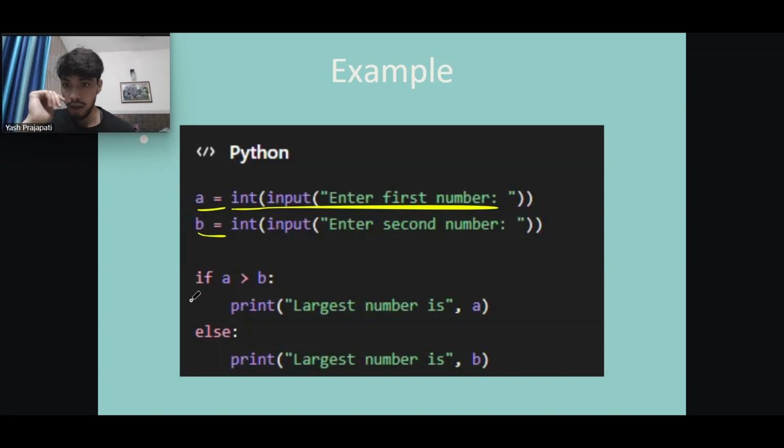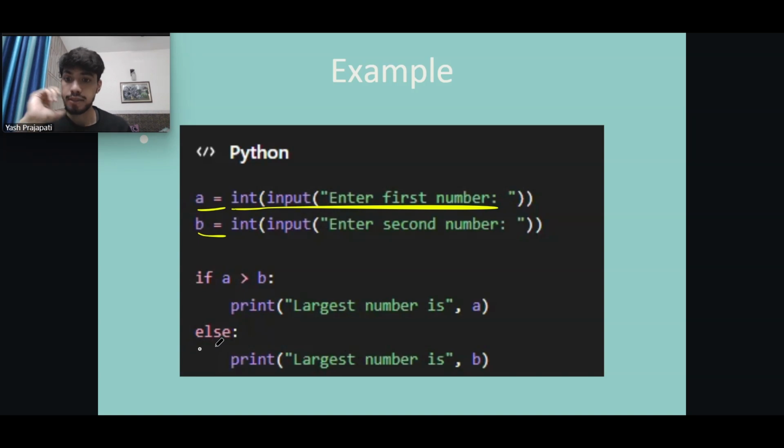The if statement says if A is greater than B, print larger number is A. It is quite obvious that if A is greater than B, then A is the larger number and B is the smaller number.